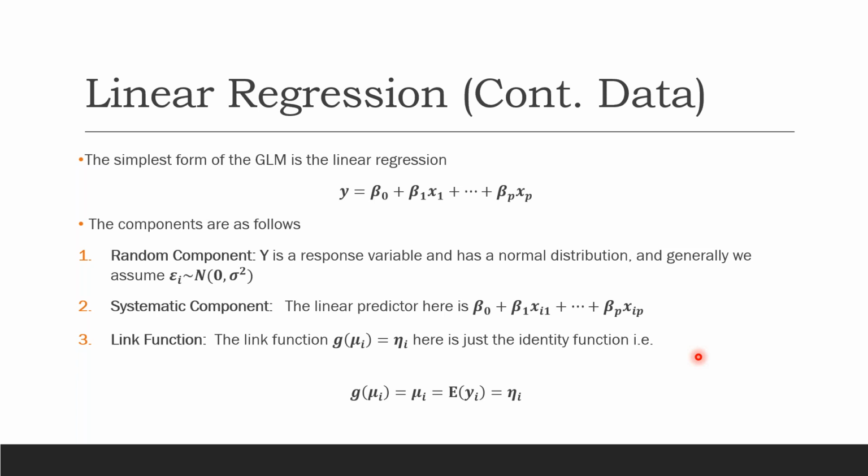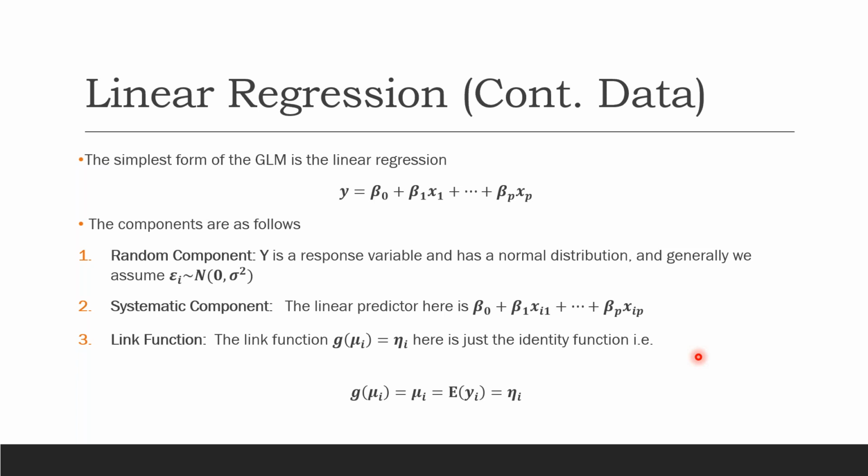Now let us look at what the components of the linear regression model are. So first is the random component, which describes the distribution. Here, y is normally distributed, and as some of you may be familiar with the linear regression assumption, the error term is normally distributed with mean 0.